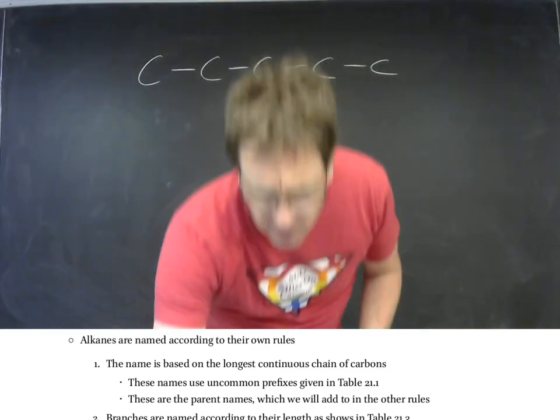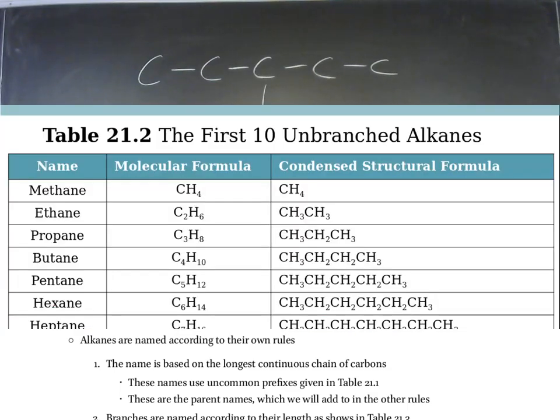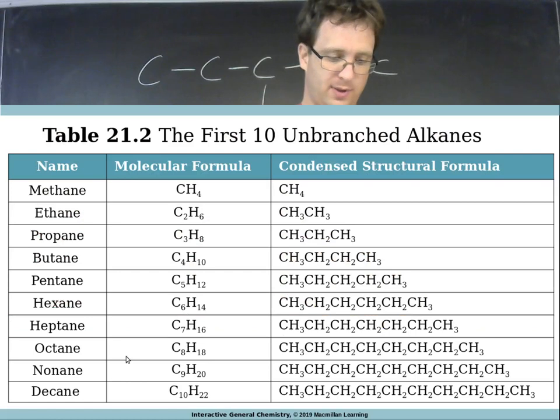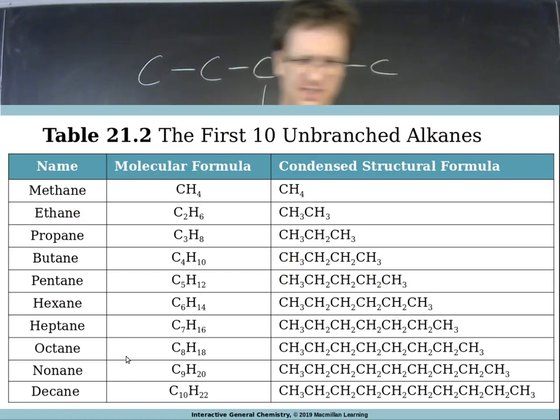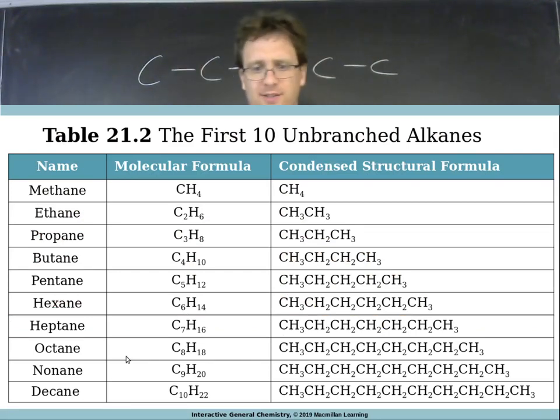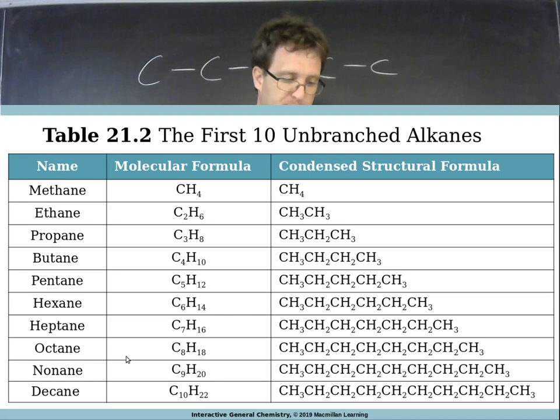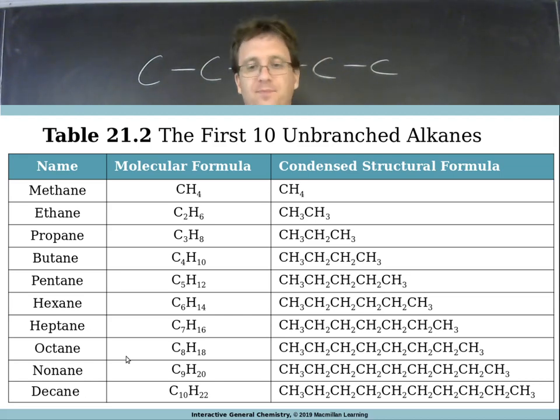So once you have that number, you can come up with a name that's based on these kind of unusual prefixes. You can see this isn't the complete name for the compound. This is what we'll call the parent name. And we'll modify the parent name according to what other elements might be a part of this organic compound.